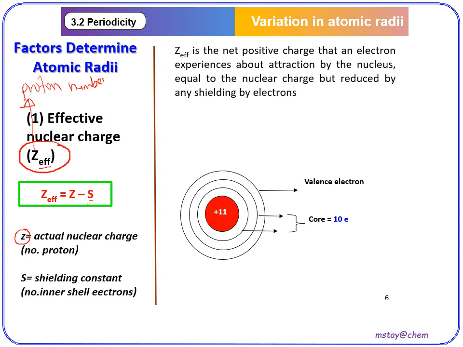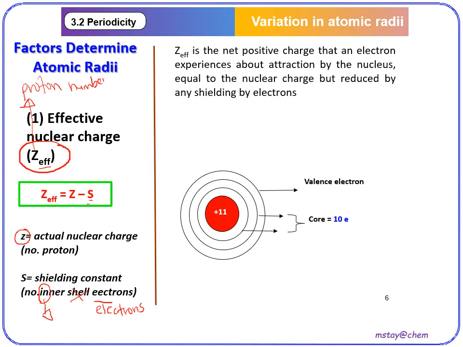I think shielding constant is a bit abstract for us. Basically, it is the number of inner shell electrons, or we can simplify it as the number of inner electrons. What is the meaning of inner? Inner is basically from the word in, meaning electrons in the deeper shells.